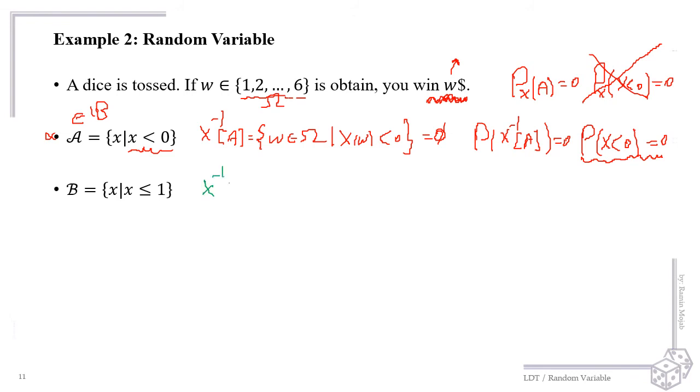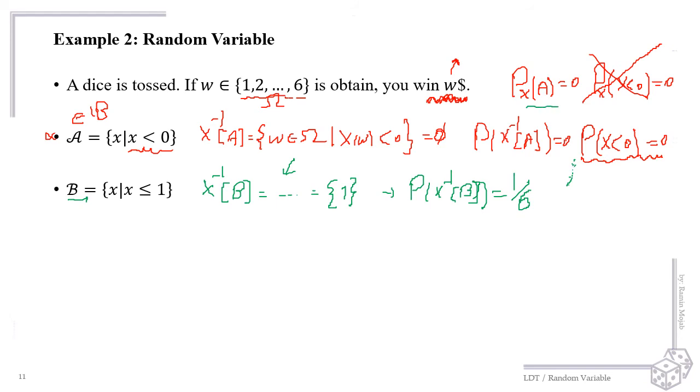The preimage of B under X is the set of one element, 1, therefore its probability is 1/6.